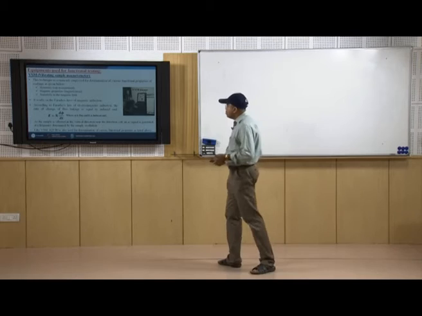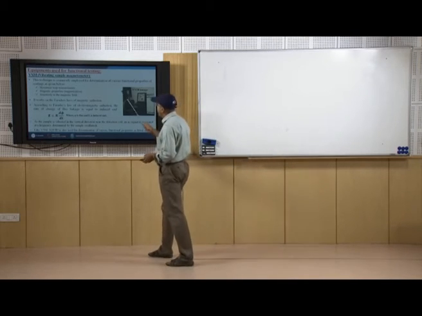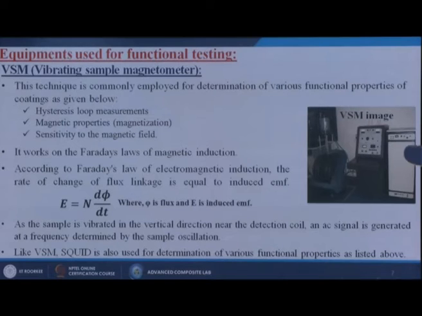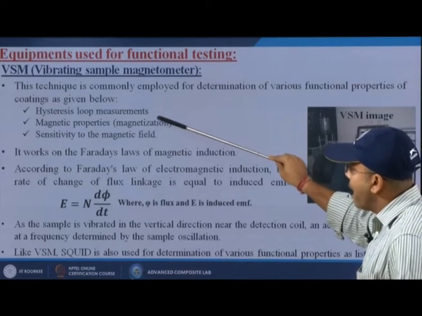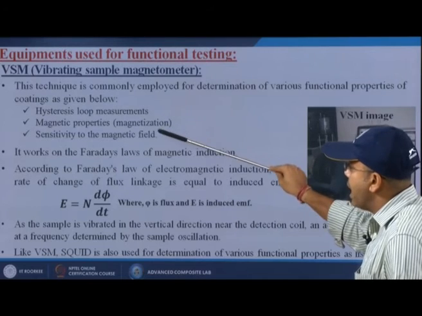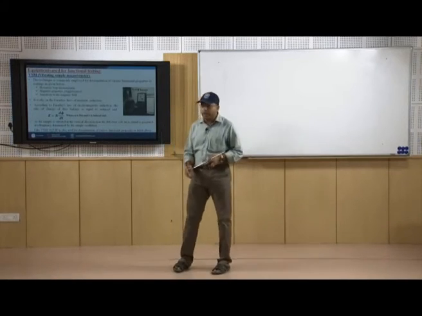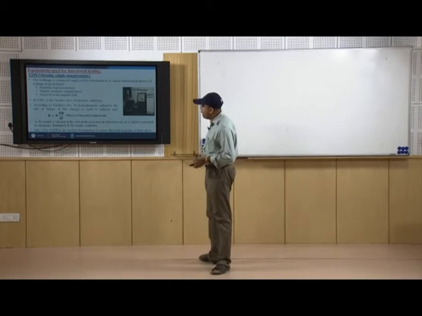It is commonly employed for determination of various functional properties of coatings as given below. First is hysteresis loop measurements, magnetic properties, or the magnetization and sensitivity to the magnetic field. So all magnet related properties we can get from this equipment.